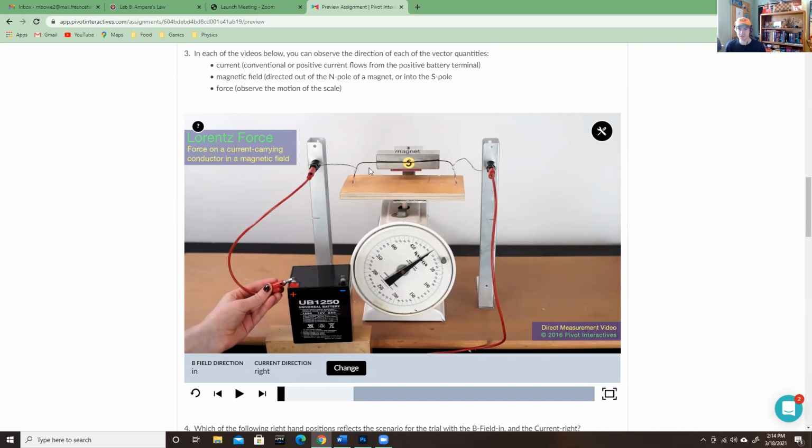So it's just pinned down to this wooden board, and that wooden board is connected to this scale. So if the wire is forced downward, this scale will increase and it'll read as forced downward. There's also an option where maybe the wire is forced upward. There'd be an upward force, it would lift it up, and the scale would go backwards.